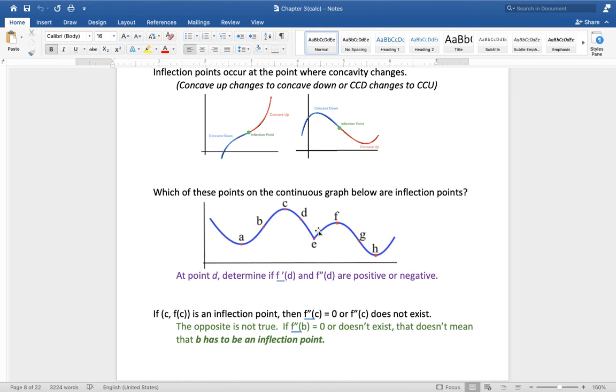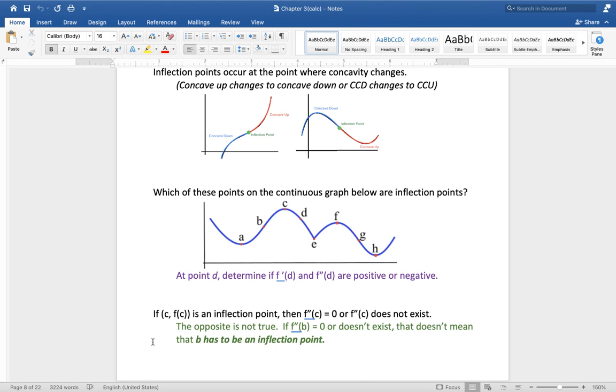What about point E, you may ask? Did the concavity change? It's concave down all the way up to point E. Then you have this little cusp, and then it's concave down again. If the concavity doesn't change, E is not an inflection point. And that's where this last statement comes in.